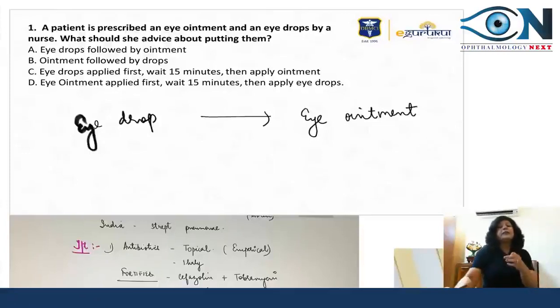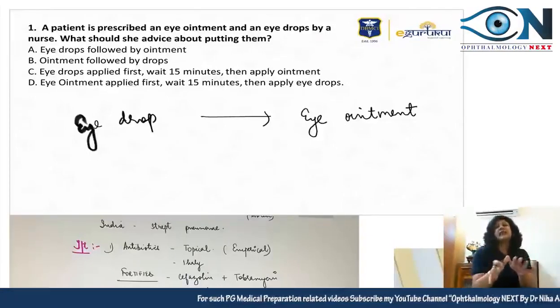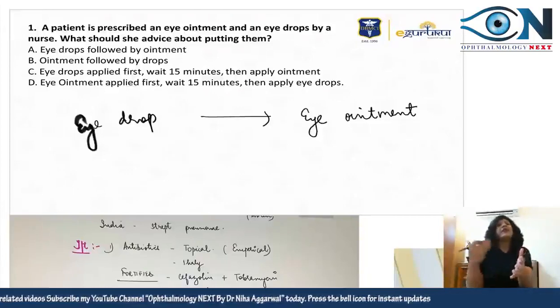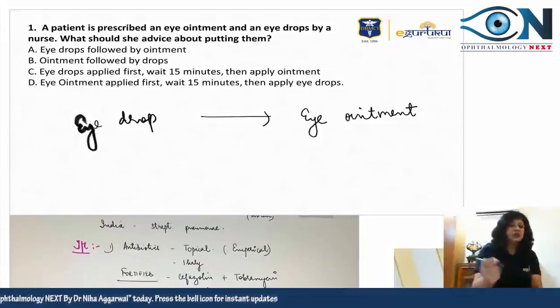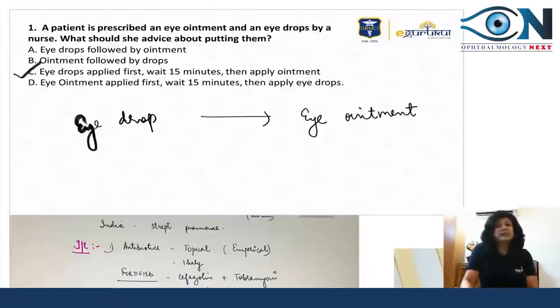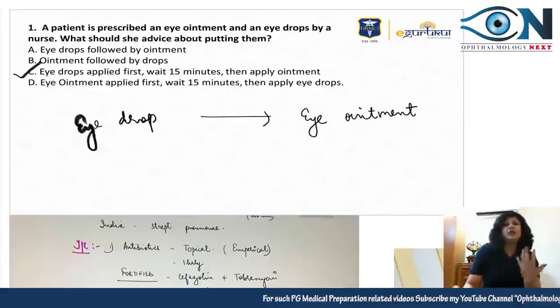As you know, whenever we give topical medications, we never give them simultaneously. If I'm giving one thing, I have to wait for some time and then give the next. So option number three is the correct one: eye drops first, then wait for 15 minutes and then apply the ointment. It's a very practical thing, common sense.